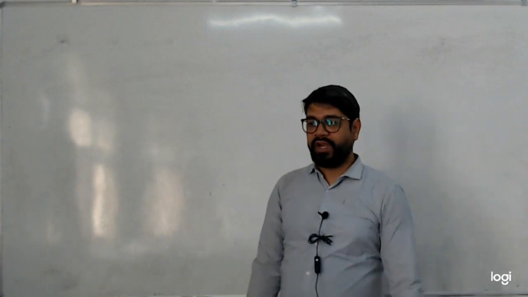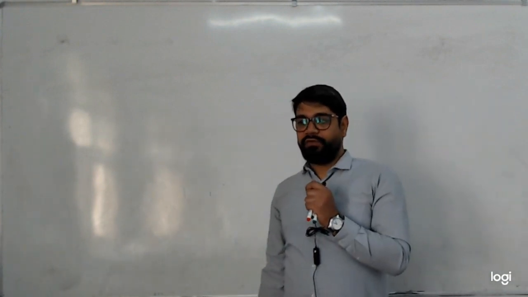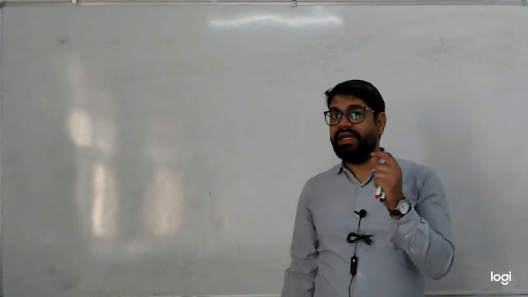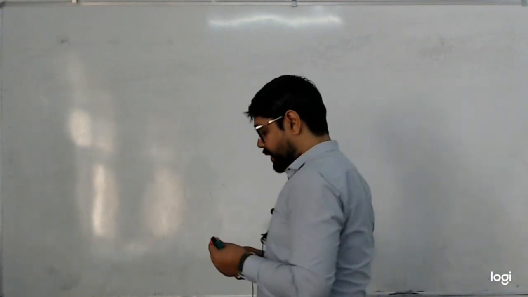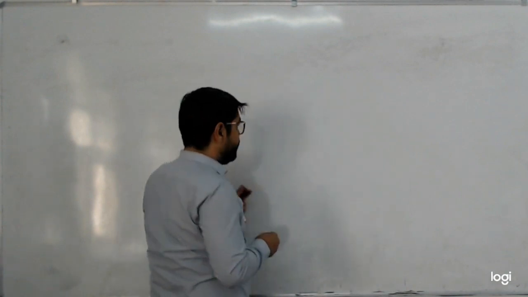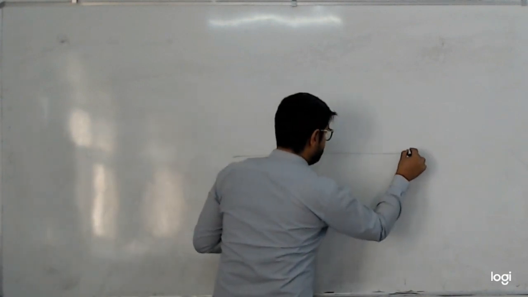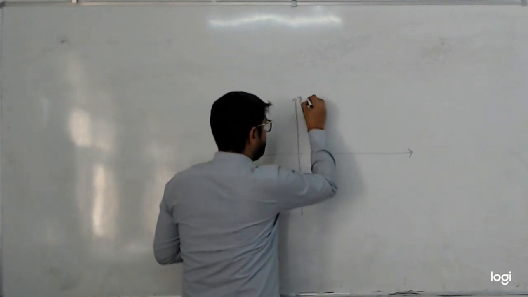Okay, now we will find one more condition, which is collinearity of three given points in terms of slope. That is, I am given a coordinate system. Say this is my y-axis and this is my x-axis.